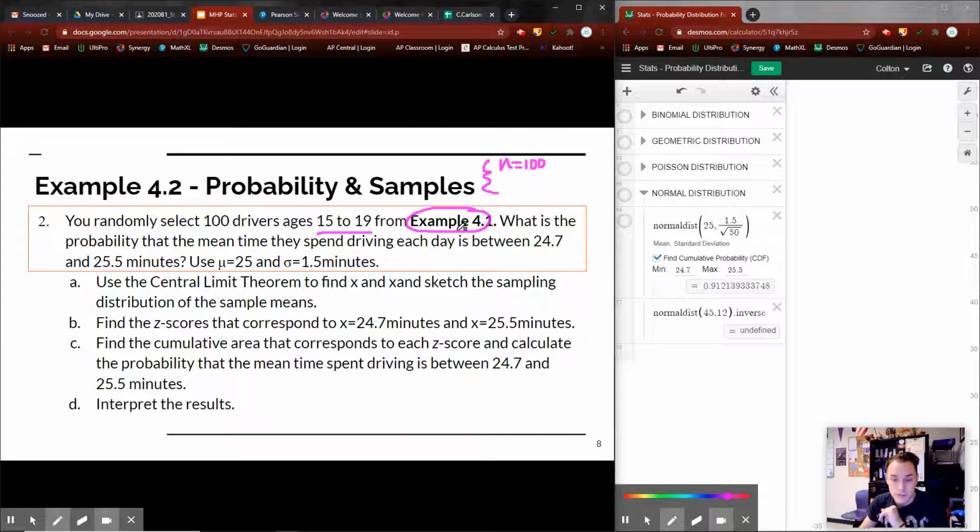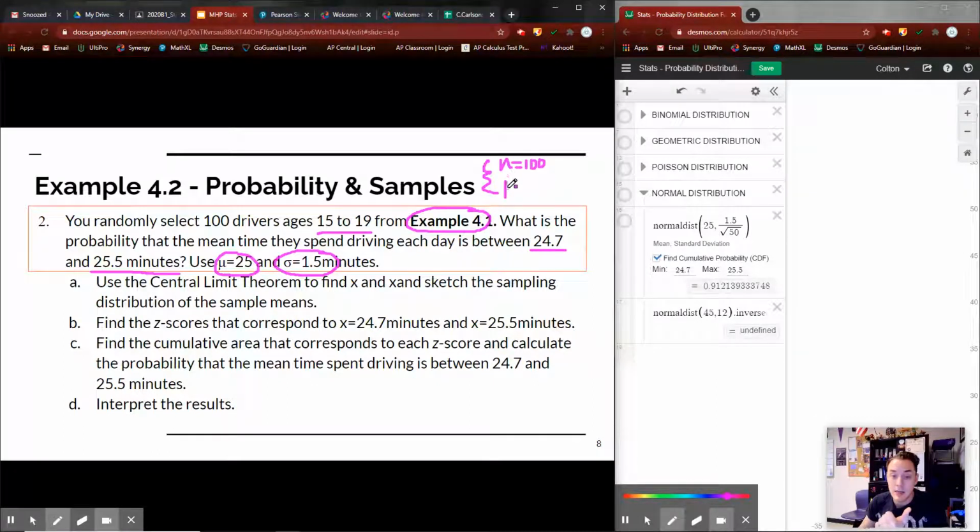What is the probability that the mean time they spend driving each day is between also 24.7 and 25.5 minutes? So it's the exact same thing, right? And we're going to assume that my population mean is 25, and the standard deviation of my population is 1.5. Now let's write out my sample mean and my sample standard deviation from the last slide.